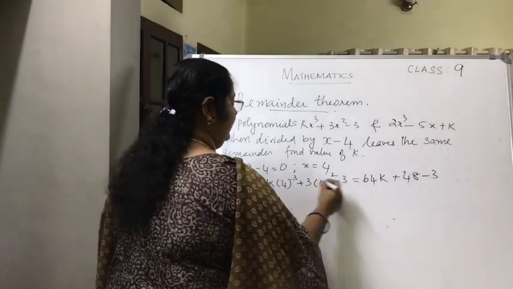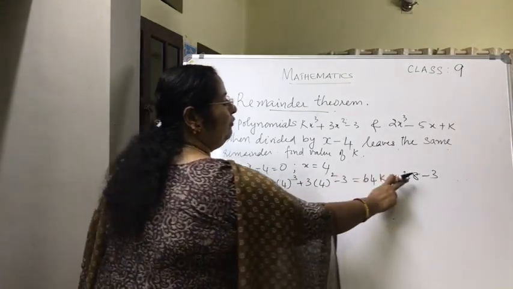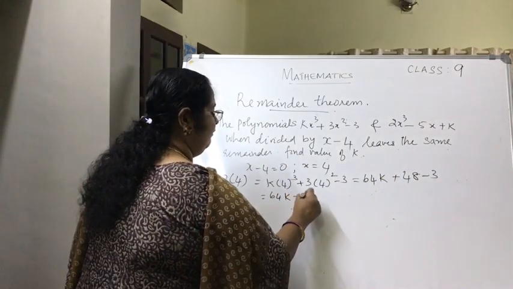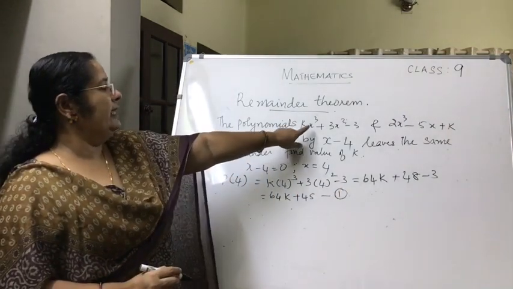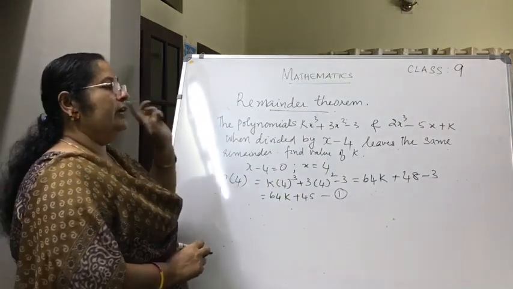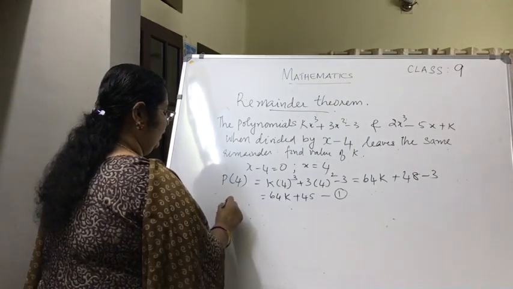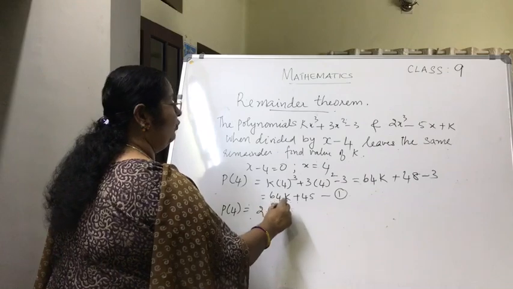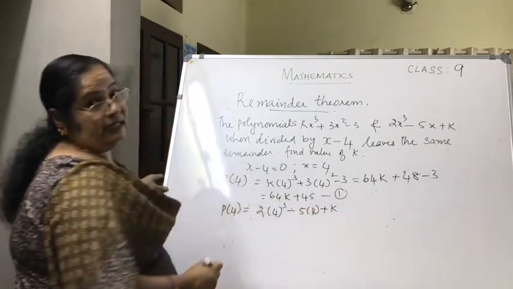Or this will be again equal to 64k, 48 minus 3. How much? 45. So plus 45. This is the remainder you get when you divide kx cube plus 3x square minus 3 with x minus 4. Now you are going to divide 2x cube minus 5x plus k with x minus 4. So how will you find? P of 4 will be equal to 2 into 4 cube minus 5 into 4 plus k.